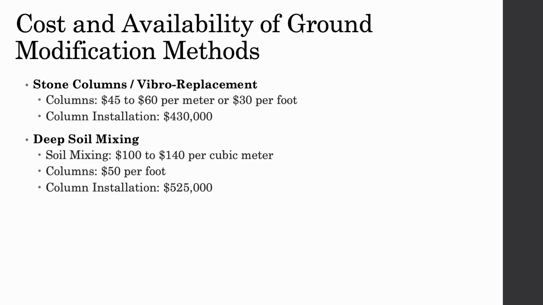The soil mixing process ranges from $100 to $140 per cubic meter, and if you're installing columns, that might cost about $50 per foot. A full column installation can run close to $525,000 for a typical site. Keep in mind that these costs are highly dependent on factors like site accessibility, soil conditions, contaminant type, and whether specialized equipment is needed.